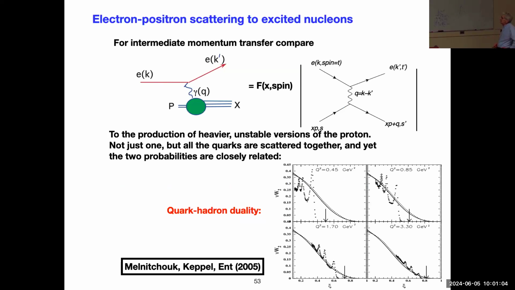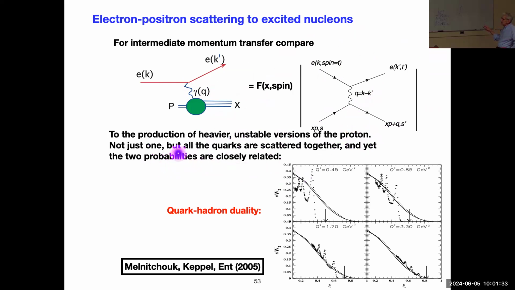And yeah, then there are in the remainder of this talk a number of really interesting things. Let me just emphasize this. One, electron-proton scattering to excited nucleons for intermediate momentum transfers, so not too big, not too small. We compare this, which is our factorized cross-section, to the production of heavier, unstable versions of the proton.